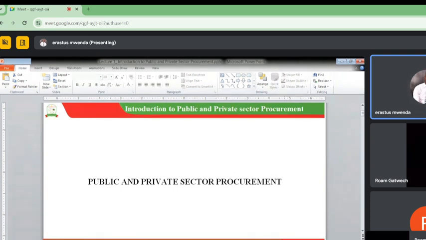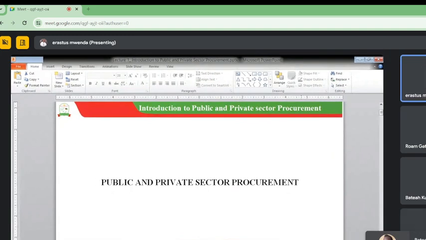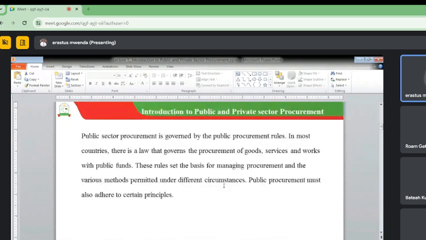And then the purpose of having these rules, the procurement rules, basically to manage procurement methods and procurement activities. So they are critical functions and critical things that we need to have.